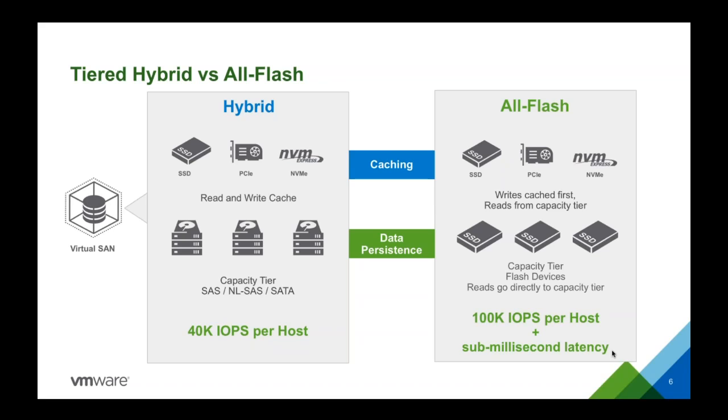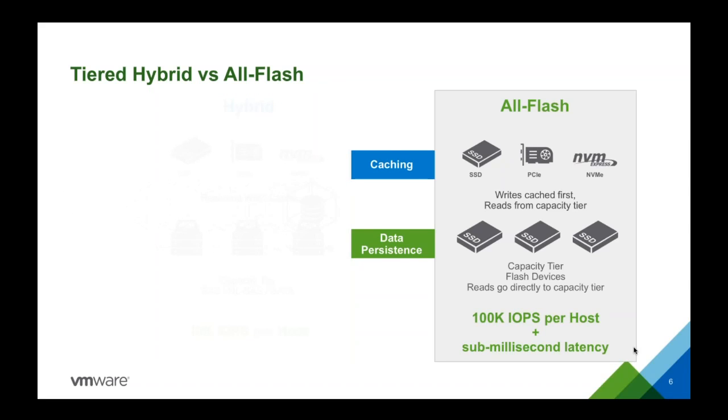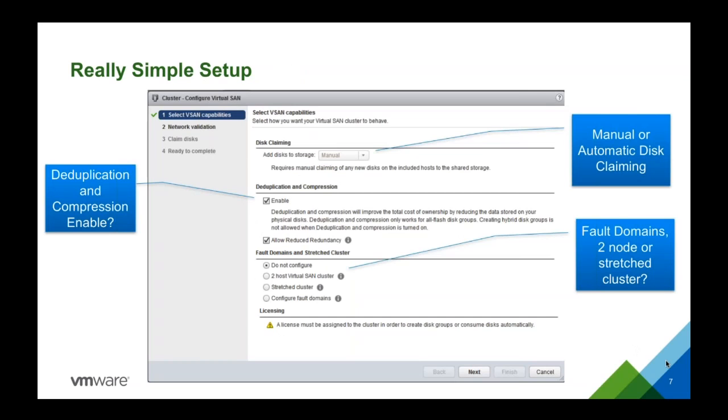What's great about all flash is you get 100,000, 150,000 in some cases, operations per host, and you get 100% consistent sub-millisecond latency. What we're really seeing as time goes on is customers choosing all flash as their default deployment topology because it enables additional features like deduplication, compression, RAID 5, and so forth.